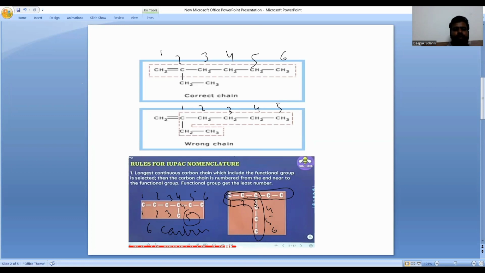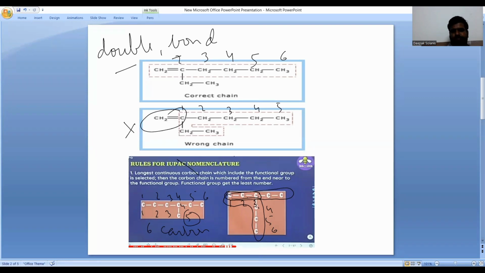You have to take the double bond. You have to include the double bond in the longest chain. This is the rule for IUPAC nomenclature. Here it is wrong because we are not including the double bond, so it is the wrong chain.